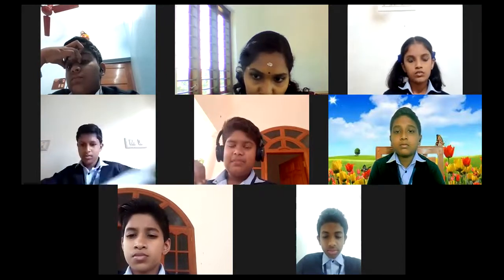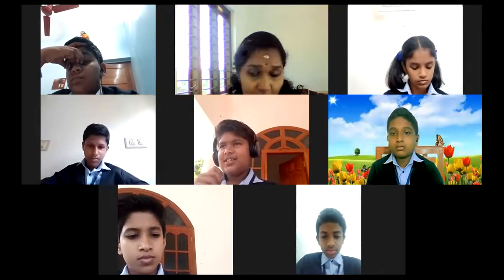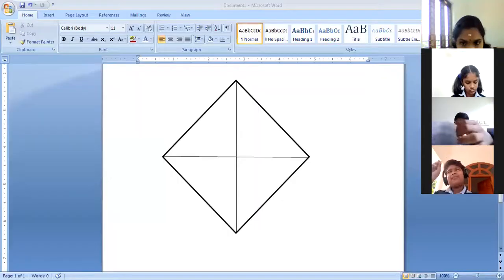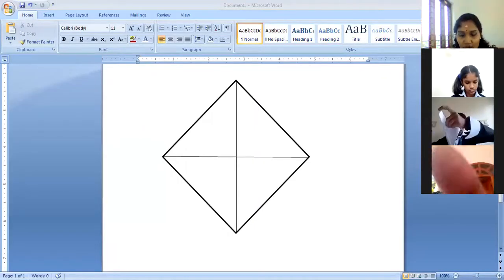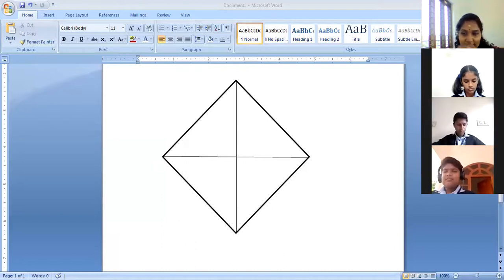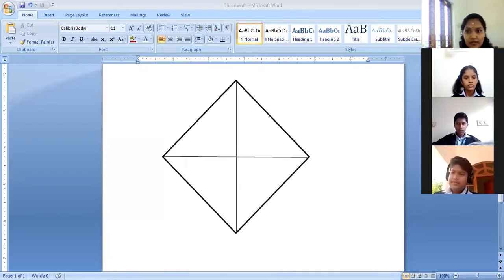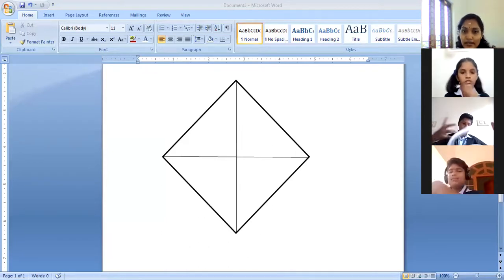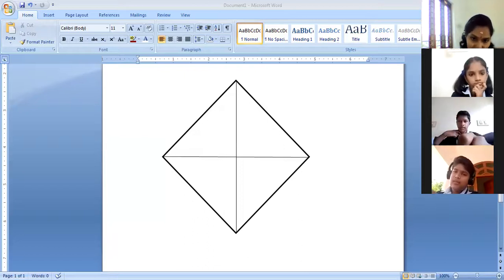A diamond shape. Diamond shaped figure. Okay. Then what about its sides? Are they equal or unequal? All are equal. Okay, it's just like a square, but its angle is not 90 degree. Okay.